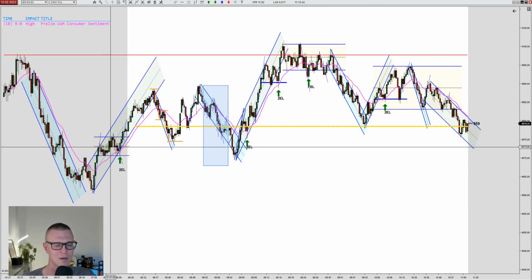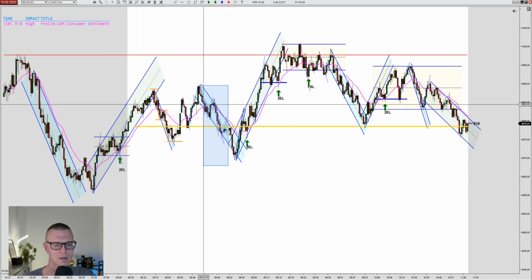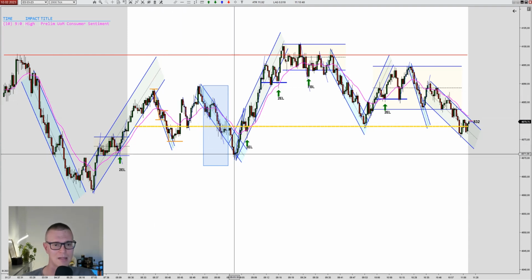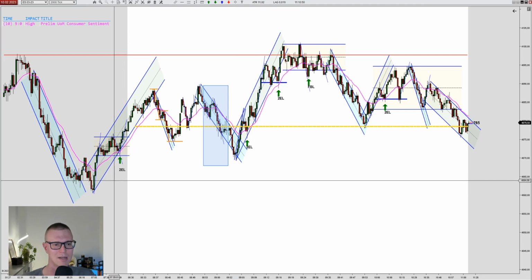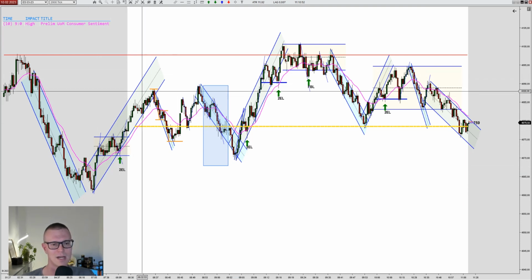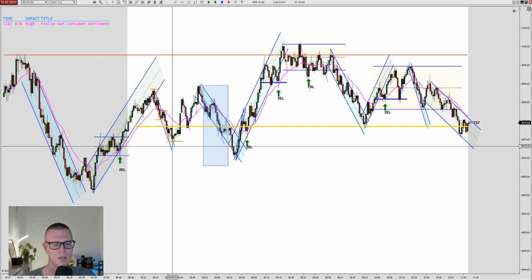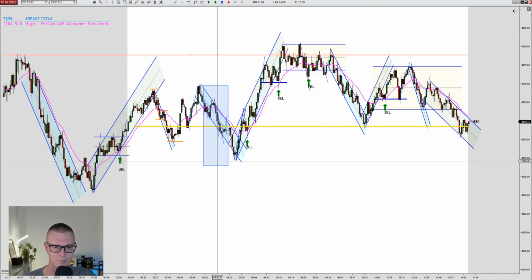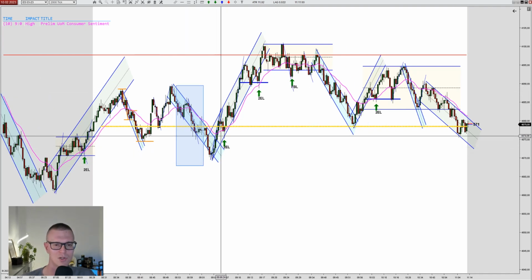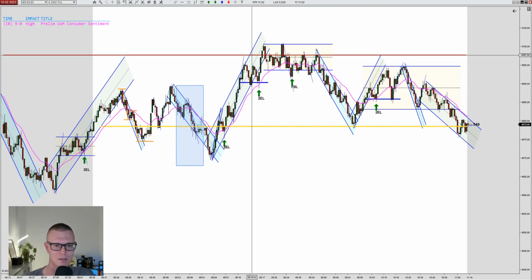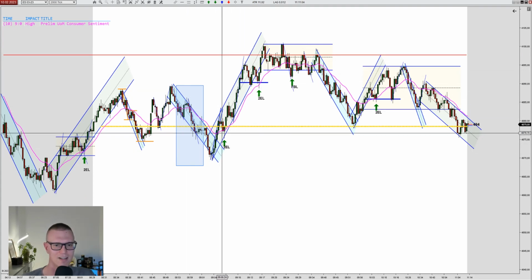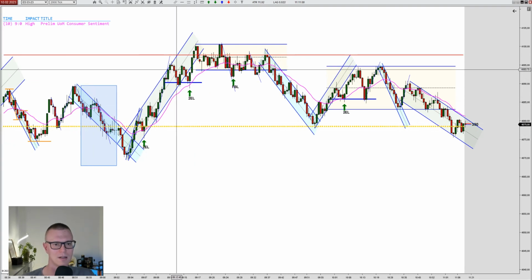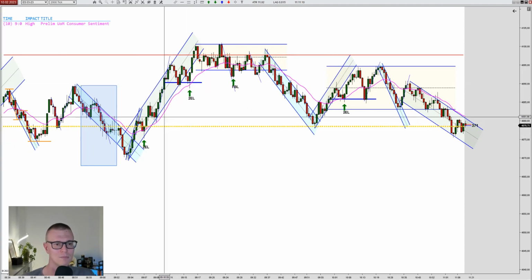Then first break of this uptrend structure here. This downtrend structure broke and had a retest of the lows, and after that we saw a retest of the highs of this uptrend structure here, this push higher here, and then forming a new uptrend, with a very nice second entry long here, and short time after that another second entry long right off the key entry points.